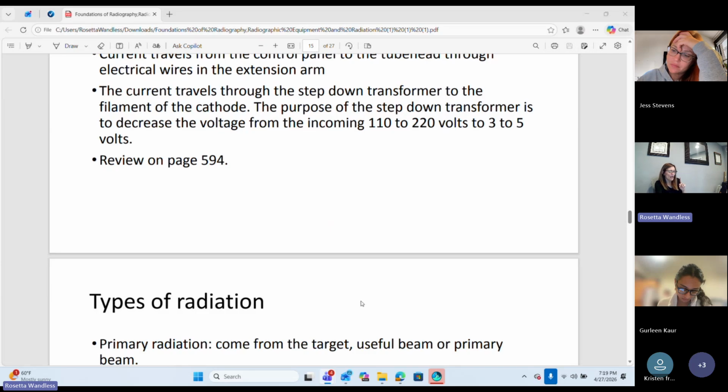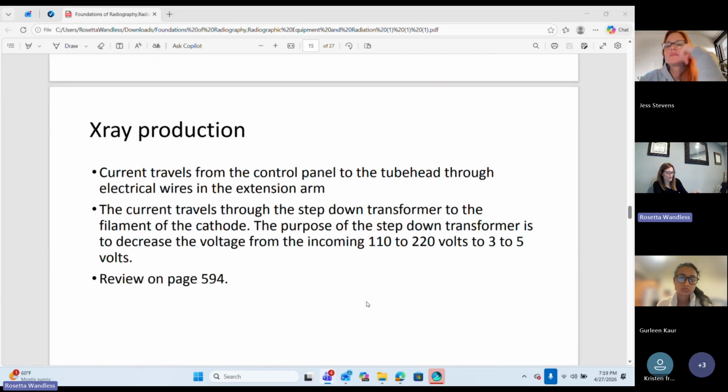Now, I'm going to stop sharing my screen. Give me a second. I'm going to go online and show you a picture of a tube head in the glass tube so I can point out a couple of things, okay?